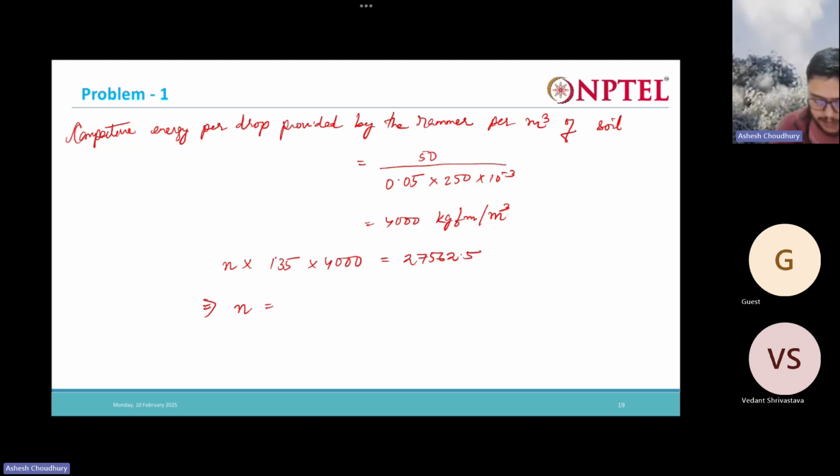It's coming out as 5.1. So 6 passes you can use. Okay, you can use 6 passes.